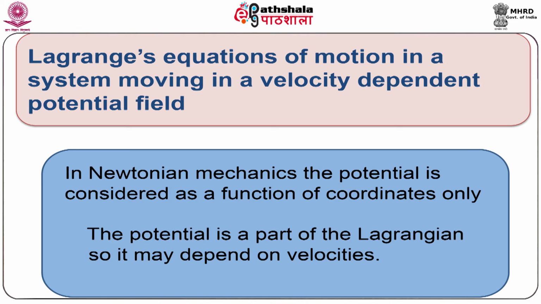But we have already known that the Lagrangian can be written as the difference between the kinetic energy and potential energy. So, potential is a part of the Lagrangian. As Lagrangian depends on generalized velocity, so the potential may depend on velocities.